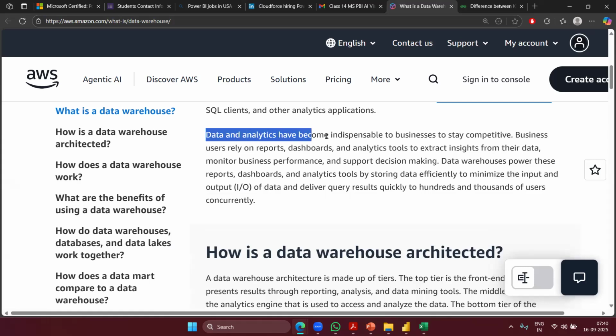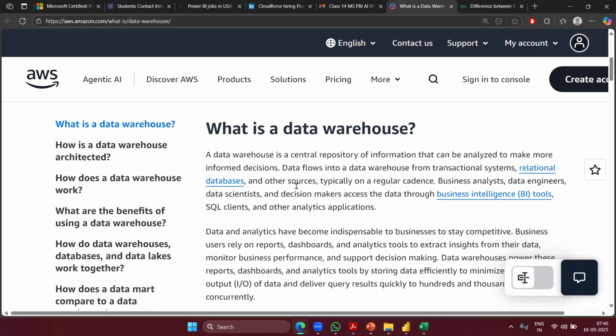Data and analytics have become indispensable for businesses to stay competitive. Business users rely on reports, dashboards, and analytical tools to extract insights from their data and monitor decisions. A data warehouse powers these reports, dashboards, and analytical tools by storing data efficiently to minimize the input and output of data delivery.